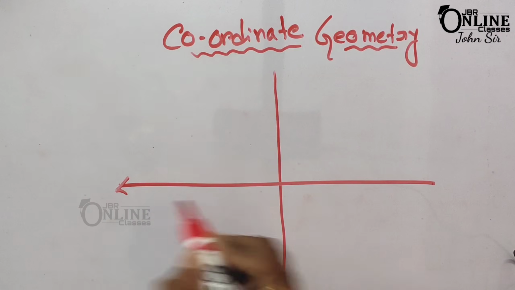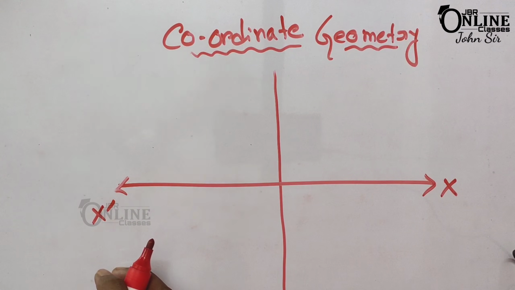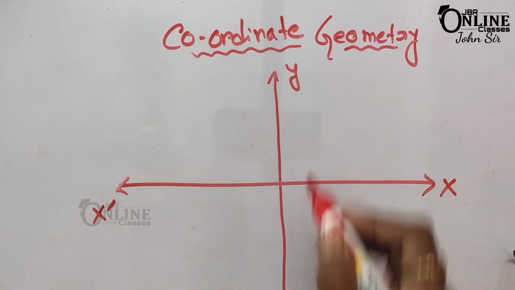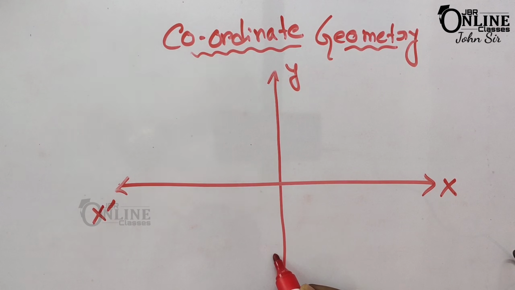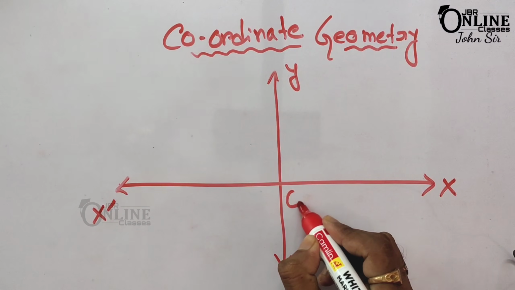Suppose you mark this one as X, then this one will be X dash, this one as Y, and the lower one will be Y dash. So X dash, Y dash, and here put an O.